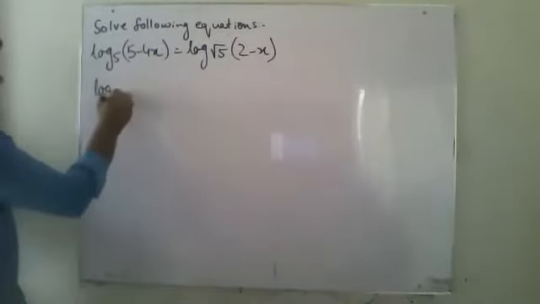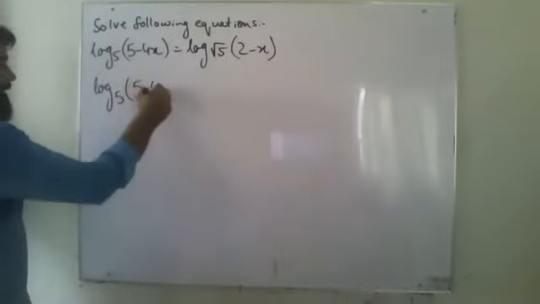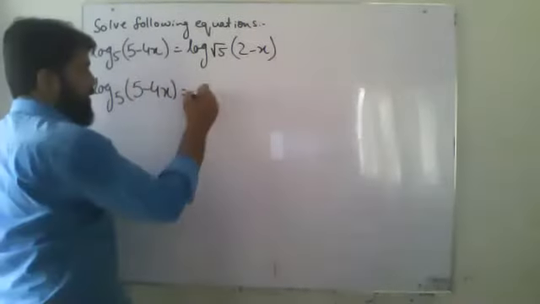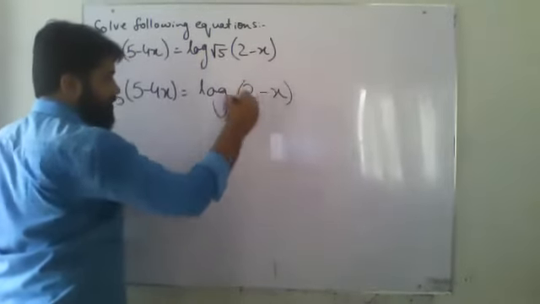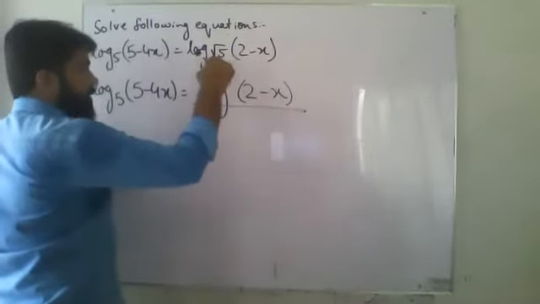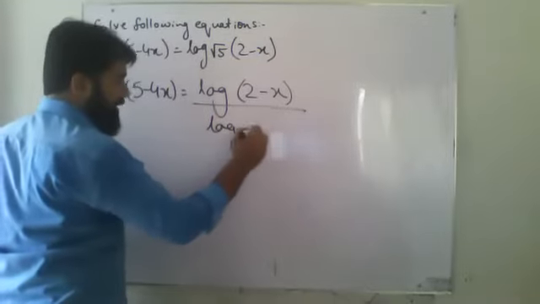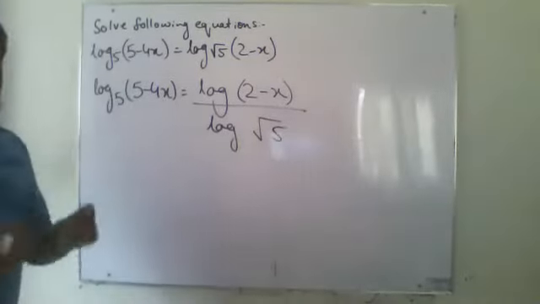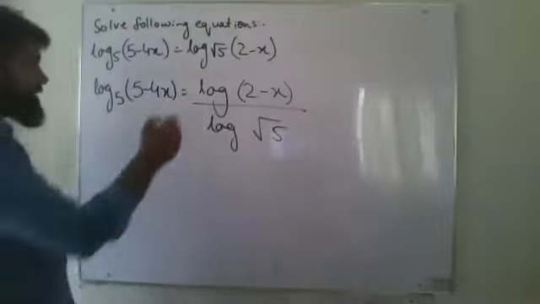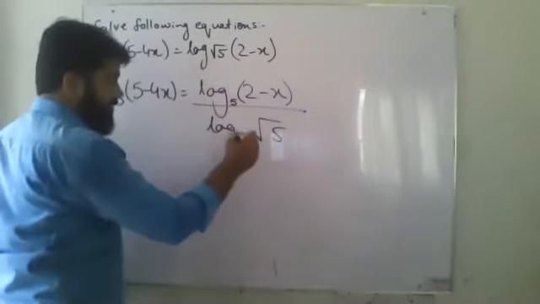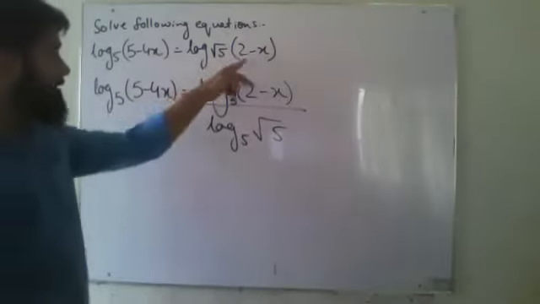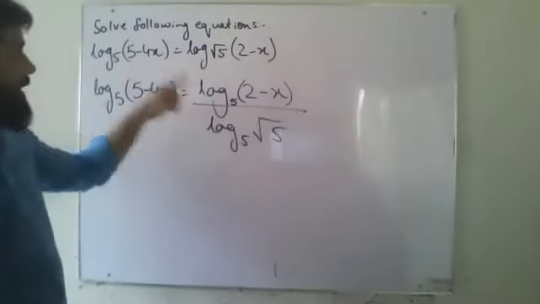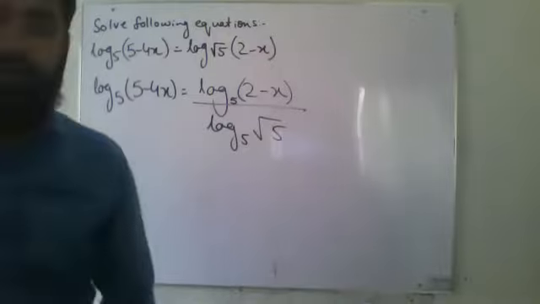What I am doing: log 5 minus 4x equals log, where the multiple is written as the numerator, the base as the denominator, and a new base can be introduced. I am introducing 5. It can be any base; you can bring any of these as a base. What is your requirement?